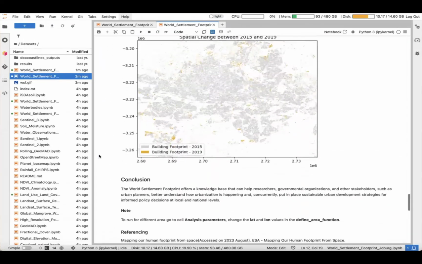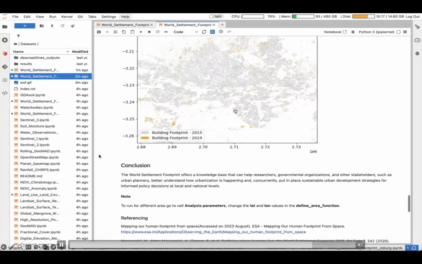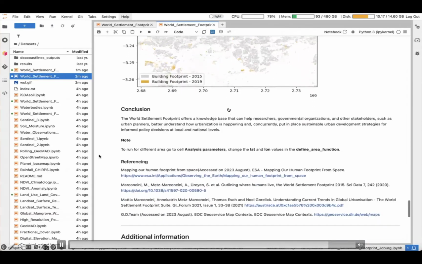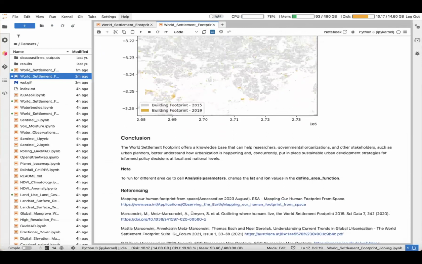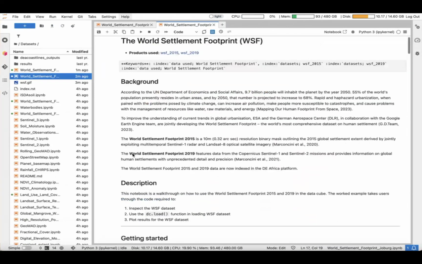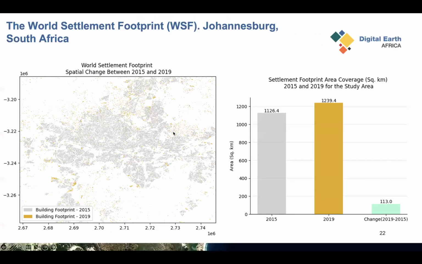We're able to capture how the city has grown over time, and possibly also correlating to what we had initially in the urban change example using the Sentinel-2 data. So this is an example of Johannesburg, looking at the growth over time and the change, which has also been positive.